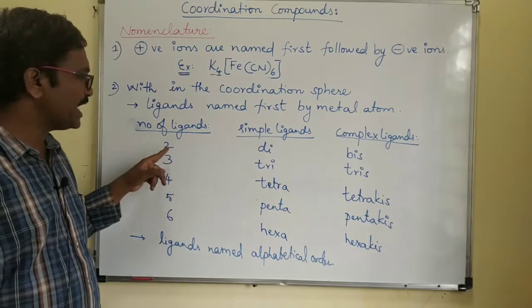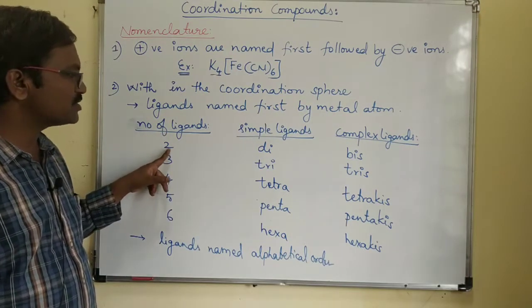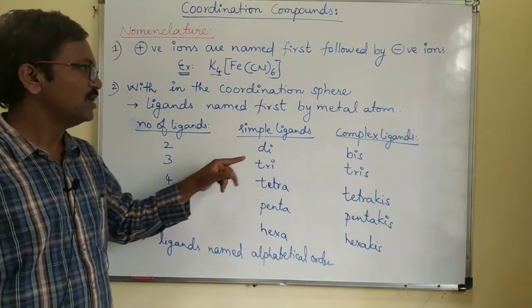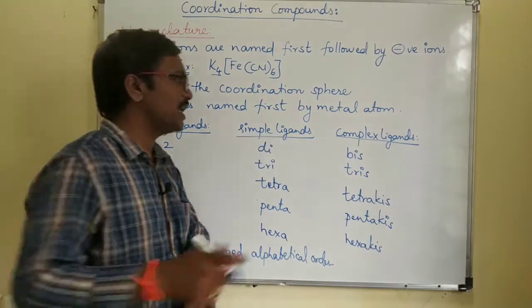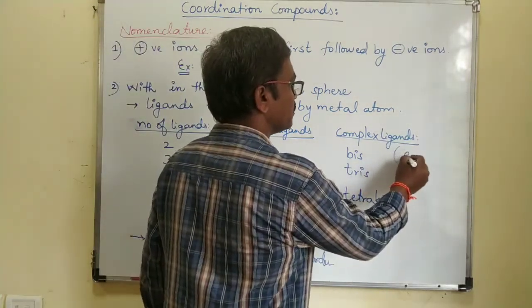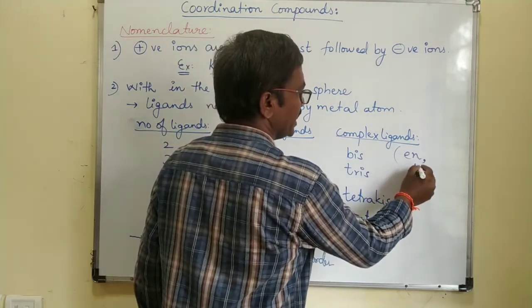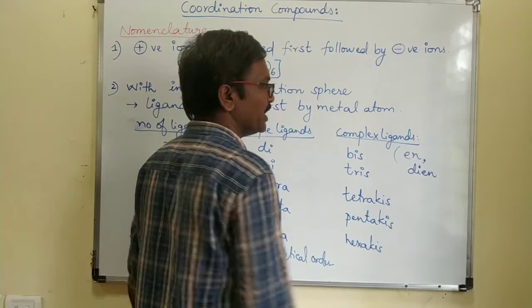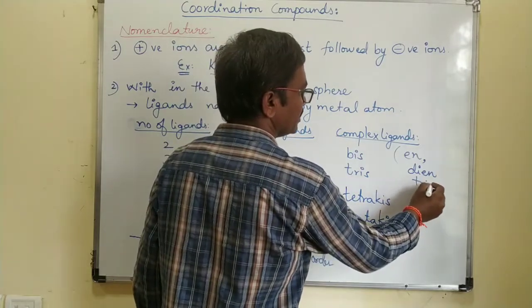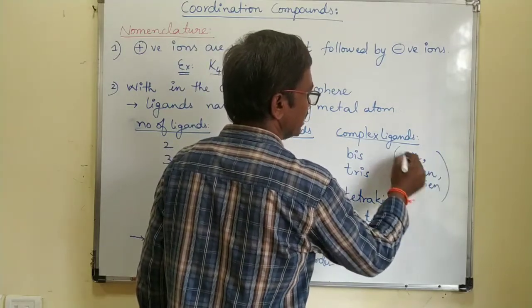So ligands are named first, followed by the metal atom. Now the number of ligands: if there are 2 ligands, di. For complex ligands, I am just giving examples: en, ethylene diamine, dien, diethylene triamine, trien. These are complex ligands.